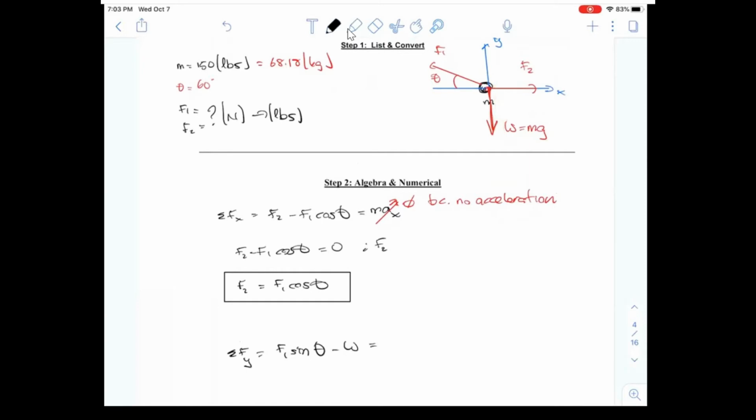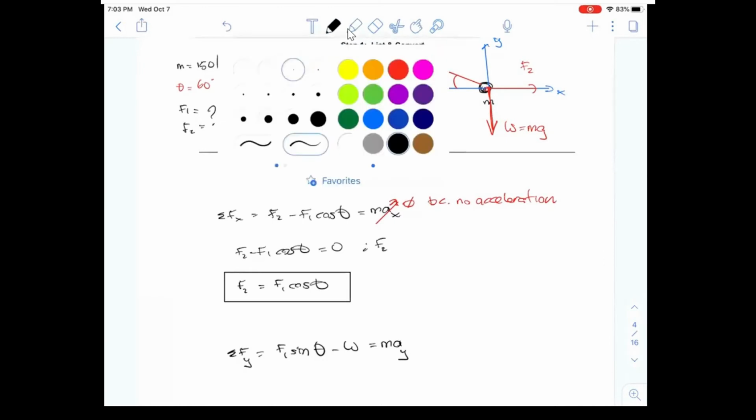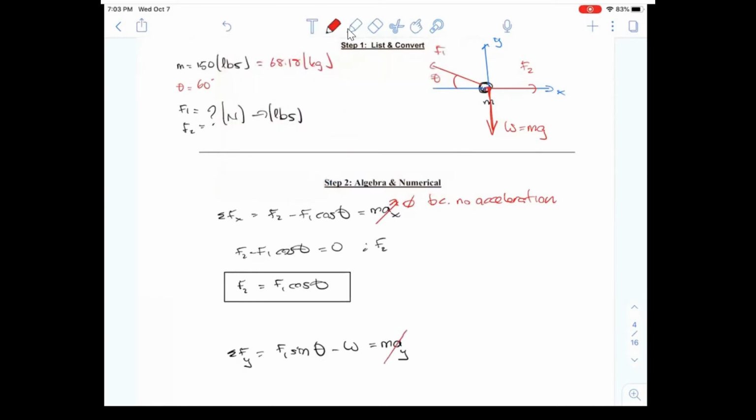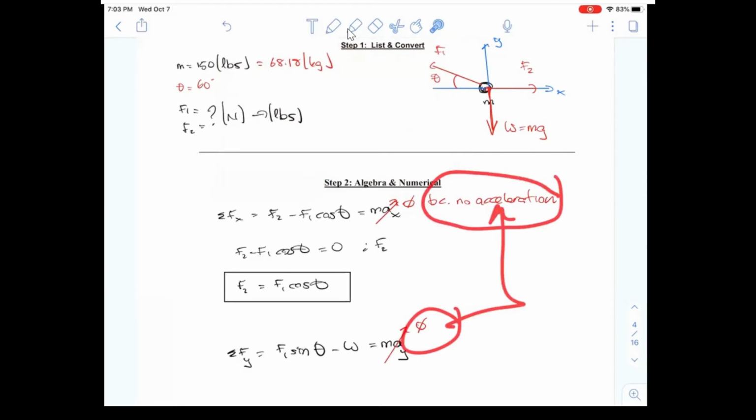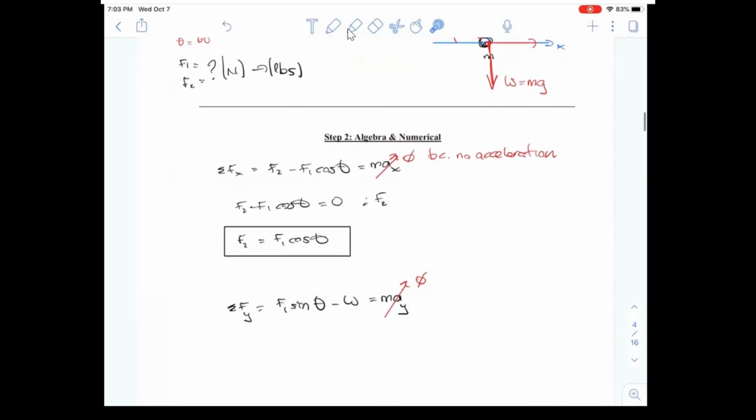And then once again, you have mass times acceleration on the y direction. Once again, it's a static system. Because it's a static system, this will be 0 as well, for exactly the same reason. There's no acceleration. So what do we have?